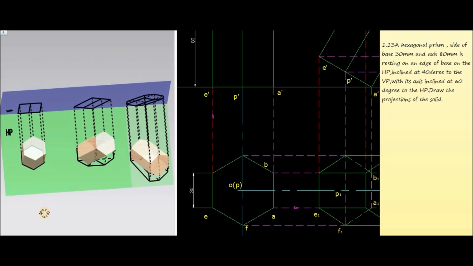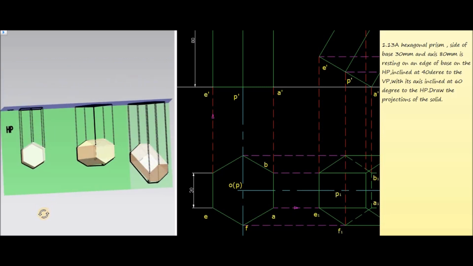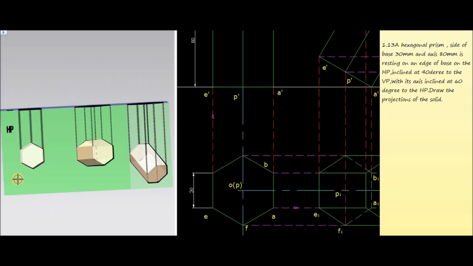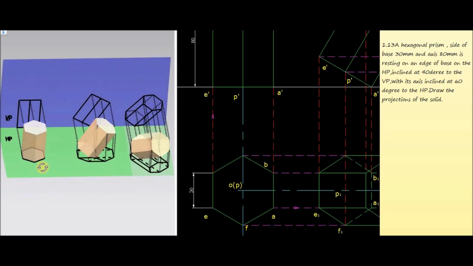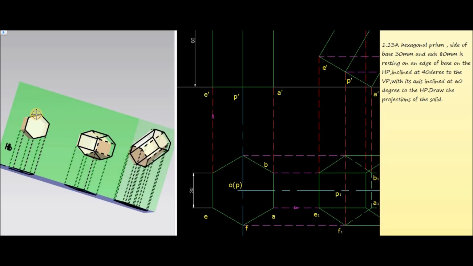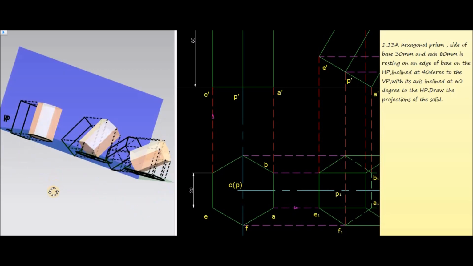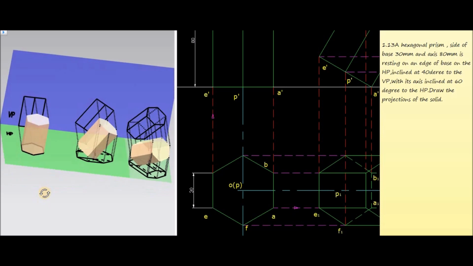Then for the top view, observe the hexagonal prism from the top side, project the bottom corners and top corners to the horizontal plane, and join all those corners. You will get one hexagon like this, and it is the top view corresponding to the initial stage.